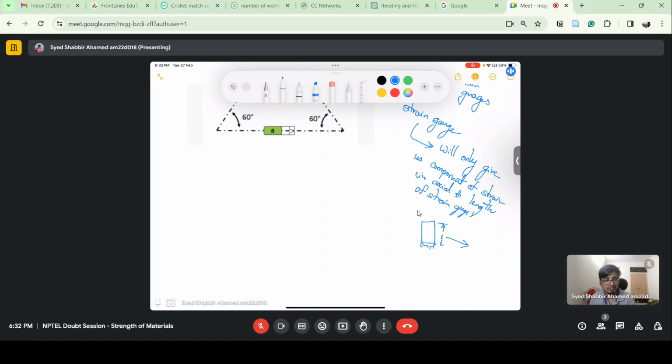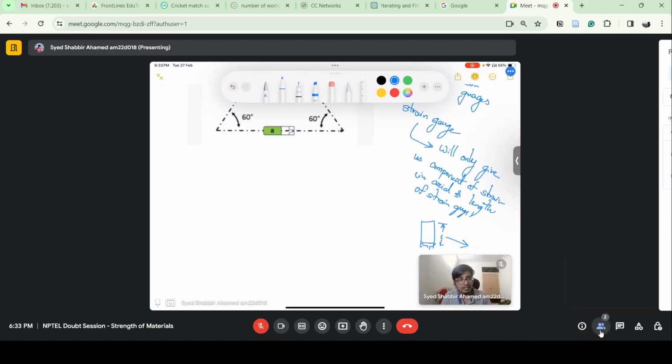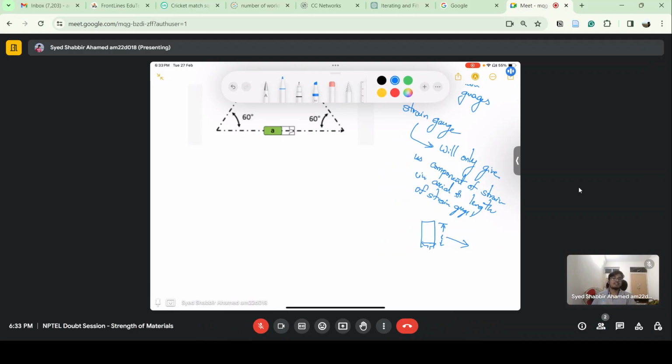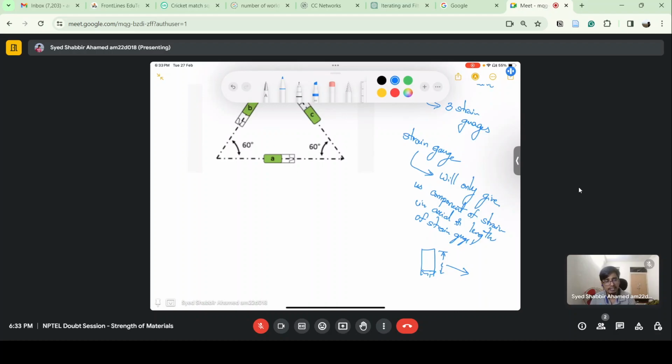So it is not possible to determine the strain in the two perpendicular directions and also the shear strain with a single strain gauge. It gives only the axial strain in the length direction of the strain gauge.